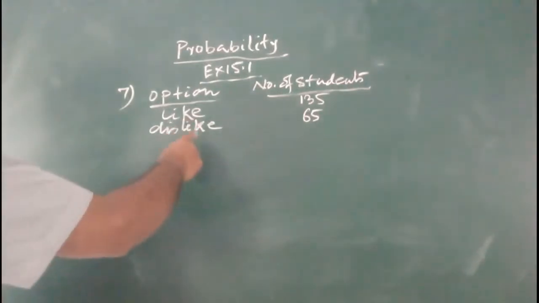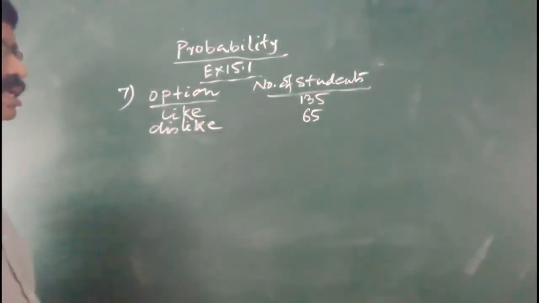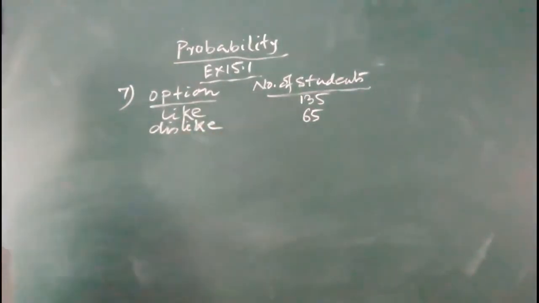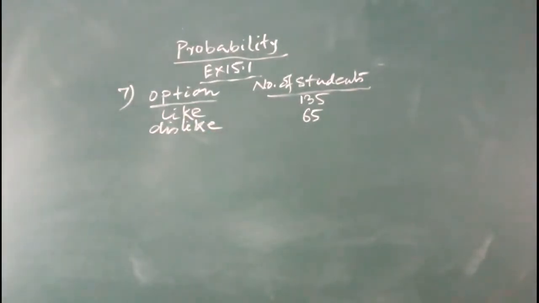One is like, another is dislike. The like number of students is 135 and dislike number of students is 65. Now you have to find the probability of like statistics and dislike statistics.